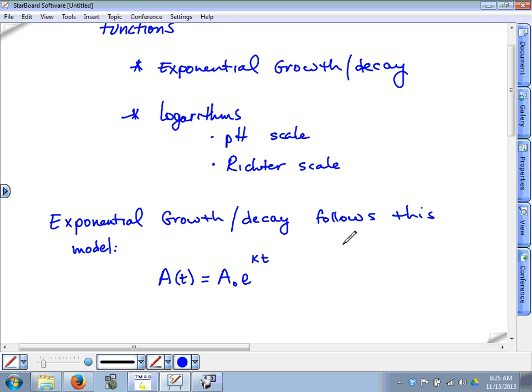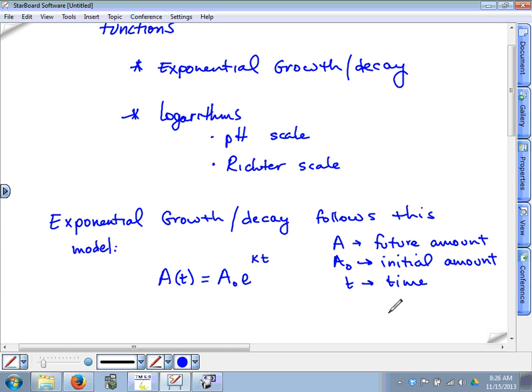Now, A, that's the future amount. A sub naught or A sub 0, that's an initial amount. T is an obvious one. What's t? Time.